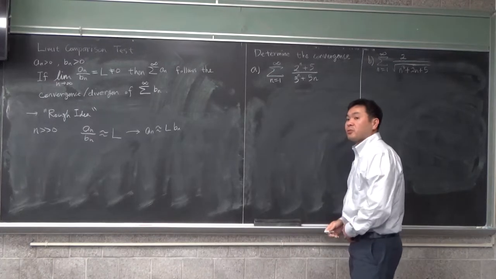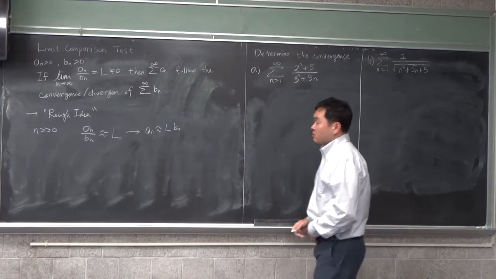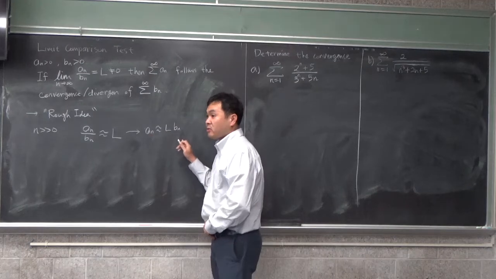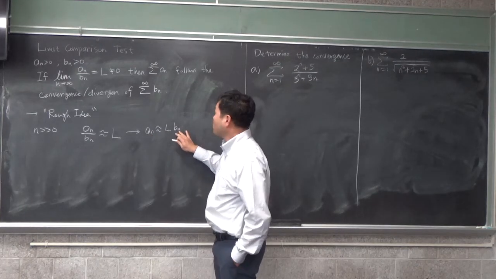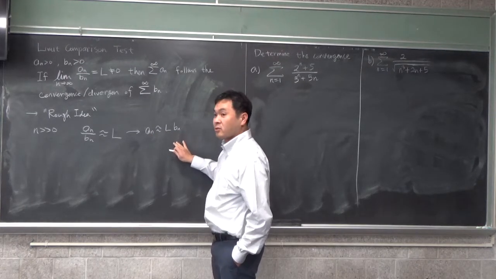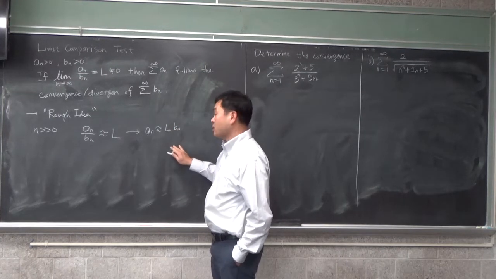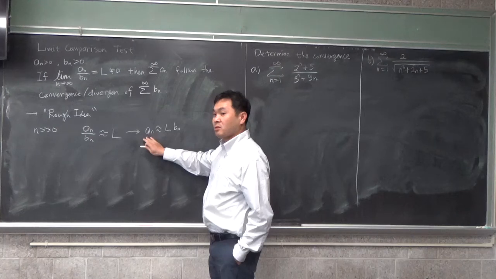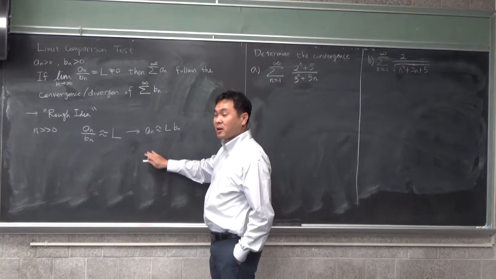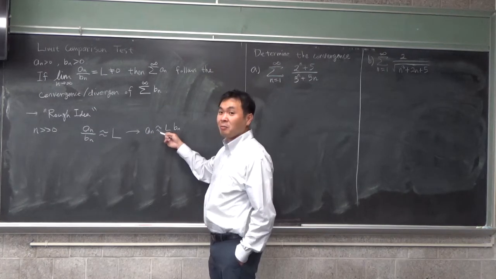Now we're talking about the sum of these numbers, right? The an's and bn's. So suppose we know that the bn's add up to some finite number, then an would also be adding up to a finite number, about L times that.